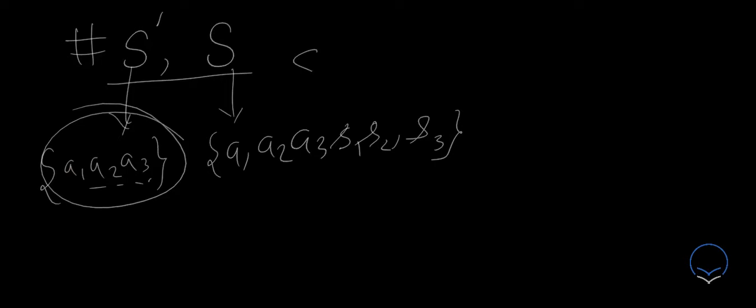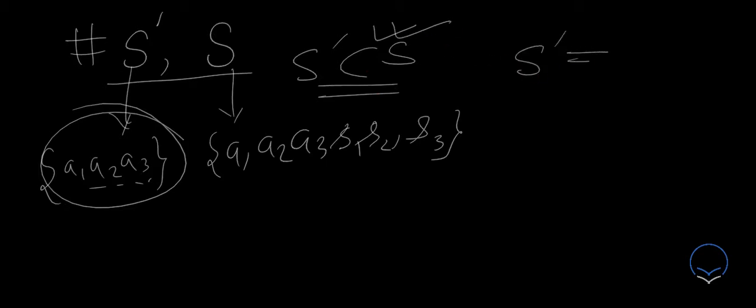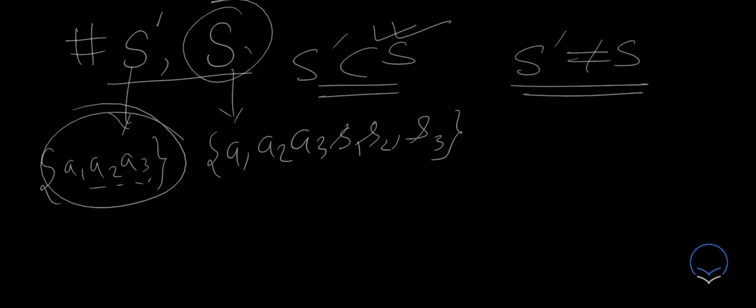So this S prime is denoted as a subset of S. And if S prime is a subset of S, but S prime is not equal to S, then we shall say that S prime is a proper subset of S. Now you can immediately conclude that S is also a subset of itself, but that is not a proper subset.